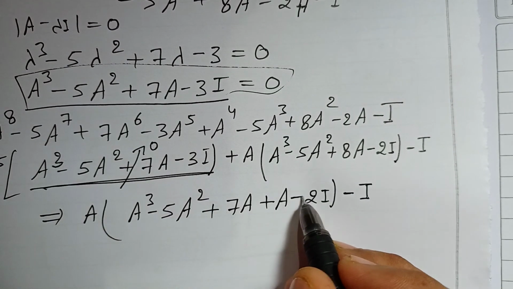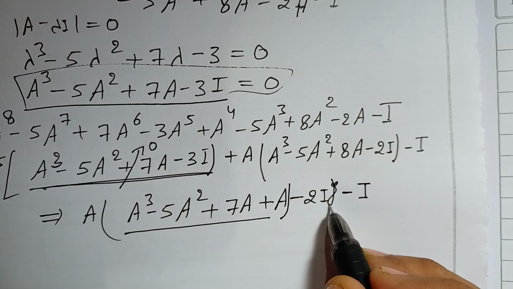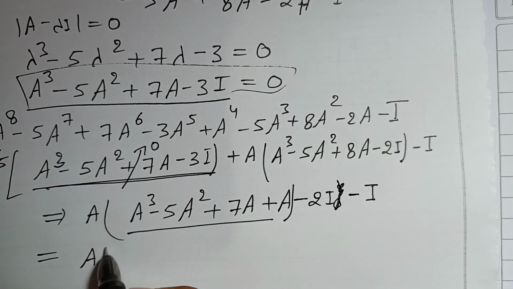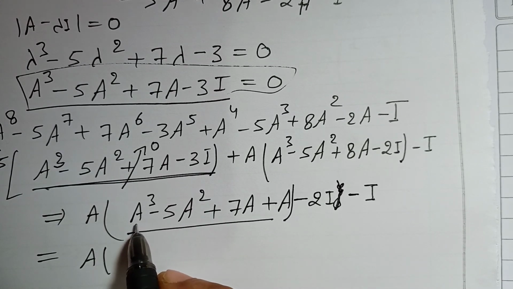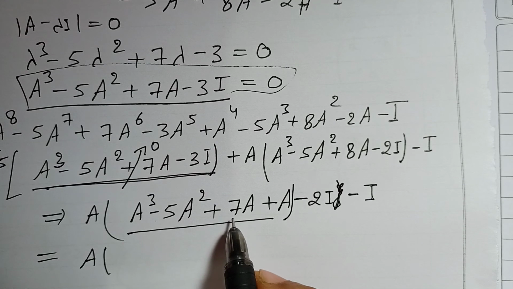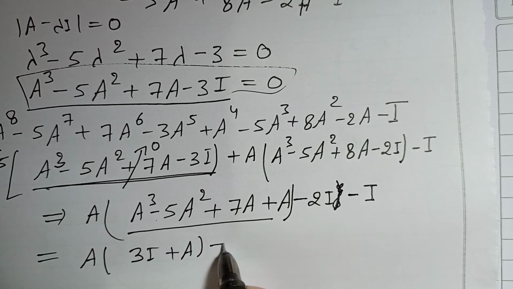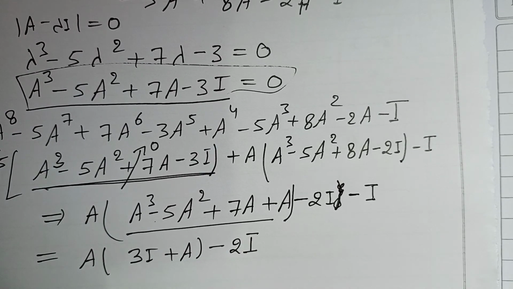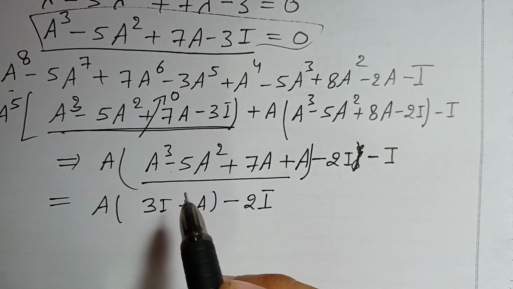So these two won't be common, so we keep it like this. So A, and this will be your A cube minus 5A square plus 7A equal to 3I. So we can put 3I plus A minus 2I. Okay, one small mistake here.